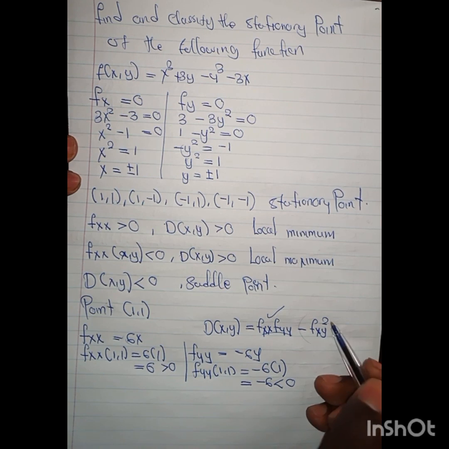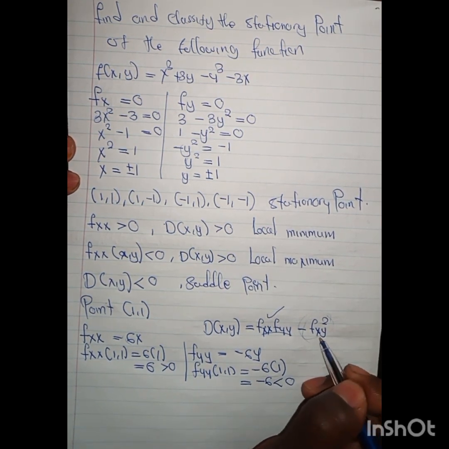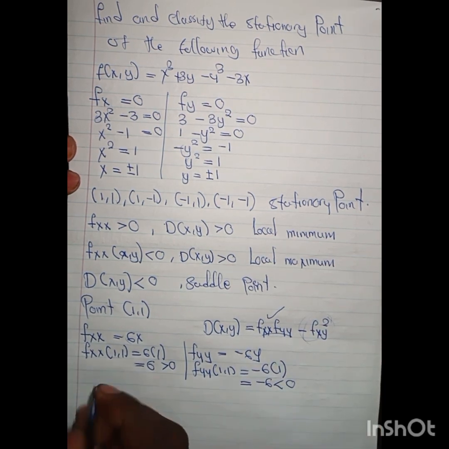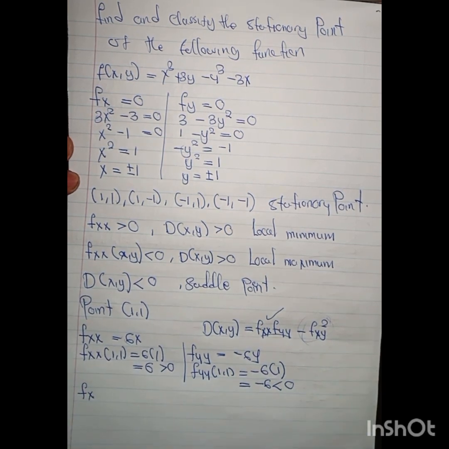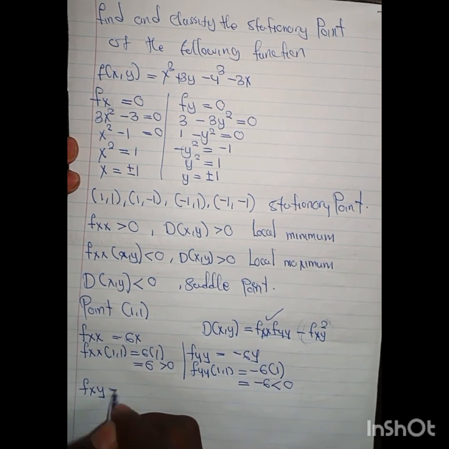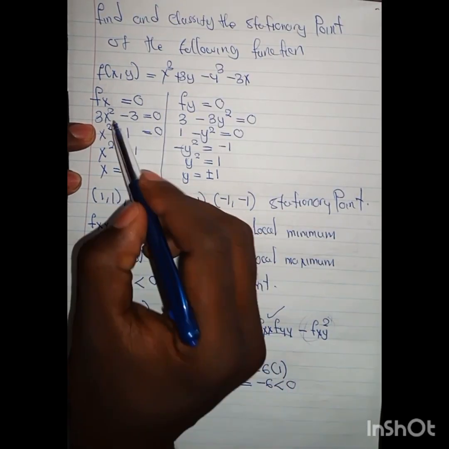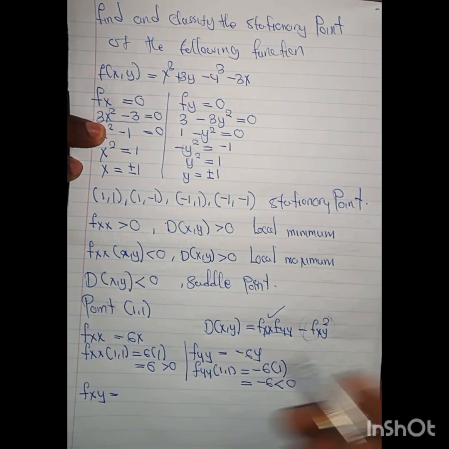Now let us come to this one. Then we want to find f sub xy. So how then do we find f sub xy? f sub xy is given by the derivative with respect to x, and then we differentiate it a second time, but this time with respect to y. So the first derivative of f with respect to x is this one, and then we differentiate it with respect to y.